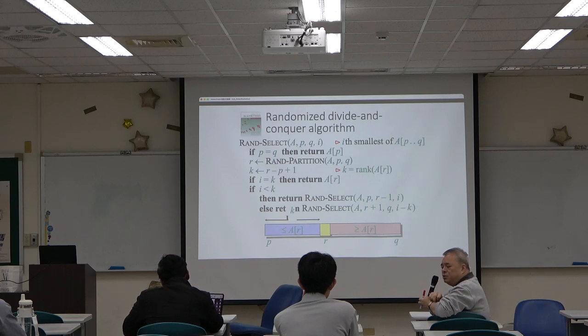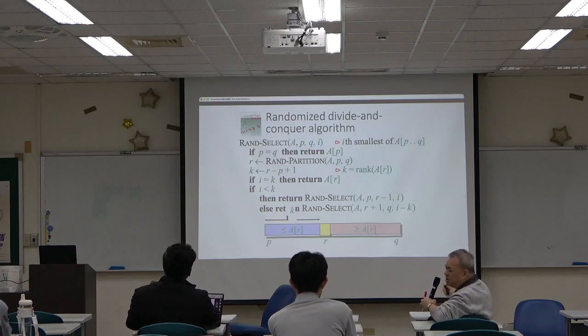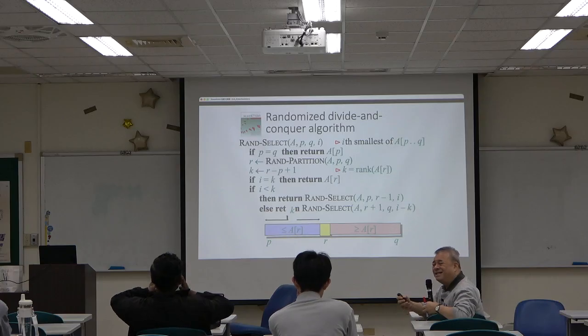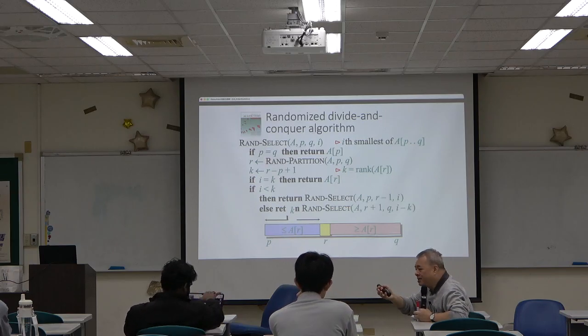I probably need to explain a bit more. The first approach is a randomized algorithm. It's a divide and conquer algorithm. Basically, it is the algorithm that stems from quicksort, because you guys already understand quicksort, right?